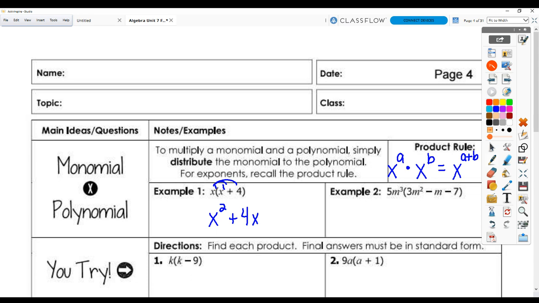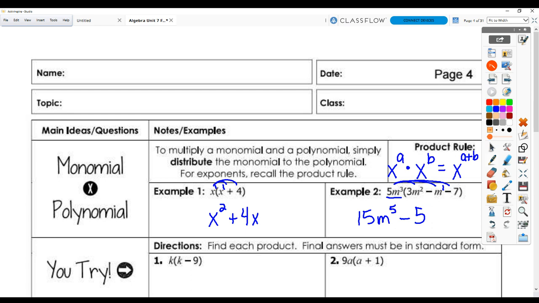All right, we're distributing the whole thing, 5m to the third, once, twice, 3 times. So we have 5 times 3, which is 15. M to the third times m squared, you add those exponents and get m to the 5th. Remember, this m over here has an invisible 1 exponent. So we have minus, bring over the 5 because it's 5 times the invisible 1 there.